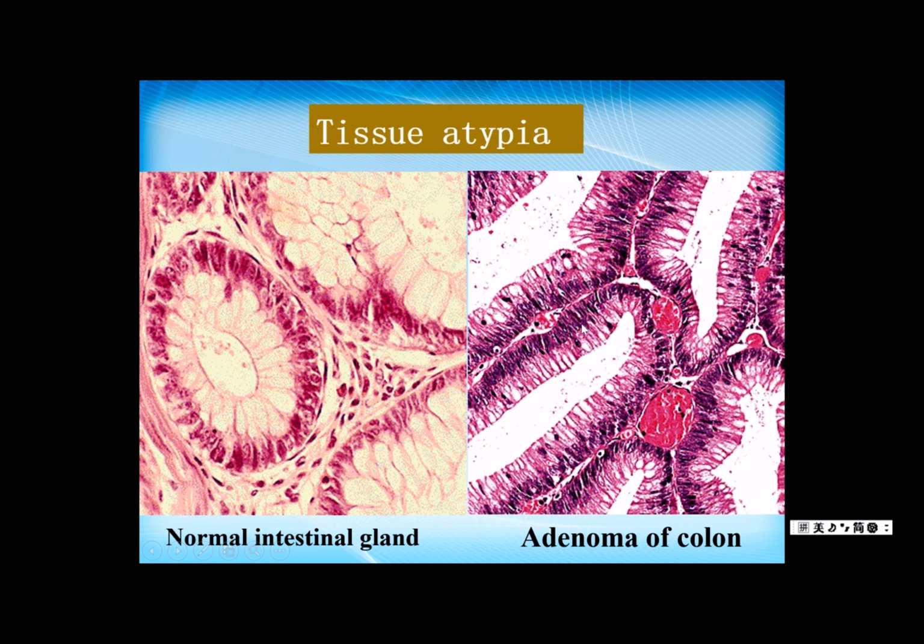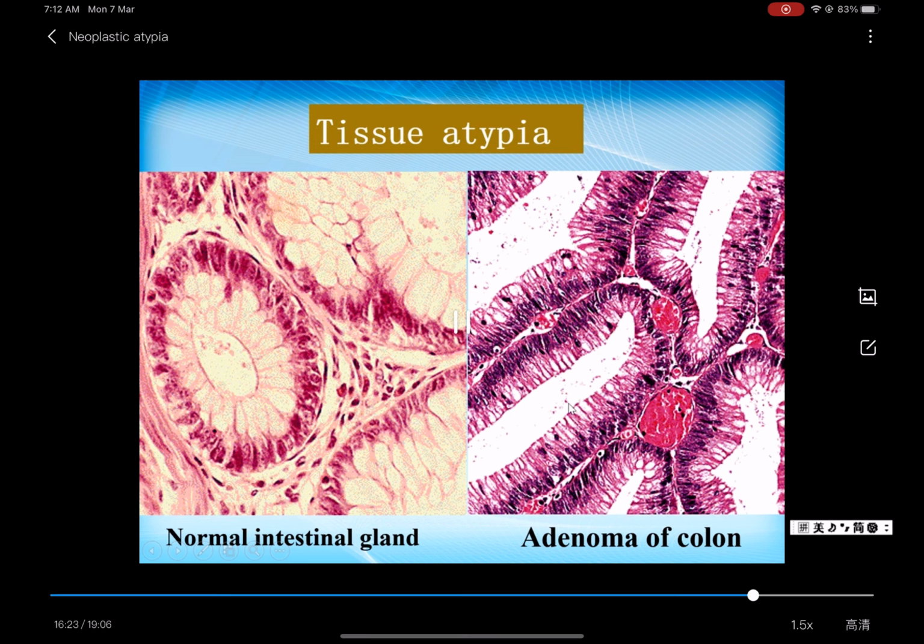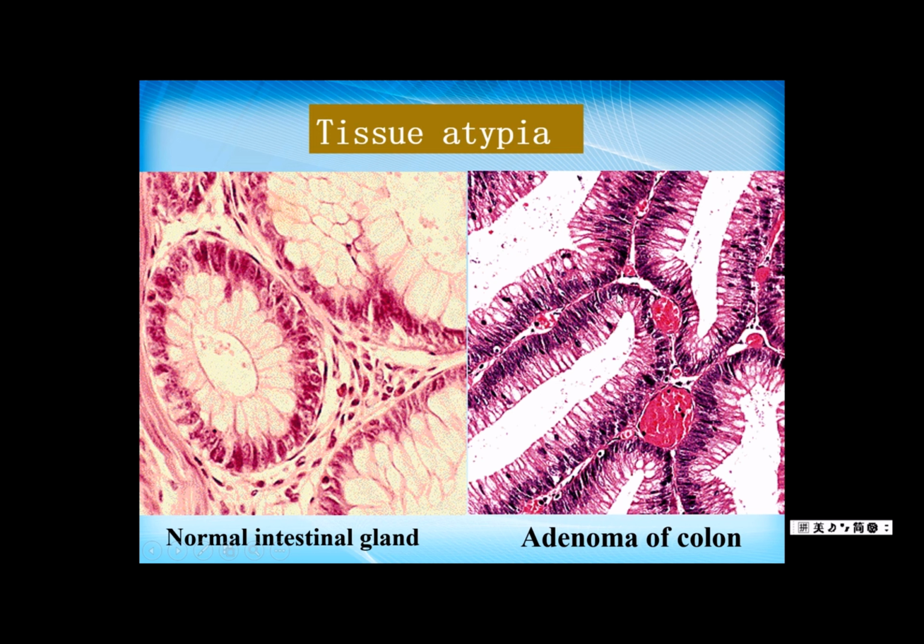This picture is different from the normal. Here we can still find the one layer, one lumen, but this is the parenchyma and this is the stroma. This is a normal parenchyma. This is the stroma. The stroma becomes decreased in the neoplastic tissue. So this is the adenoma.